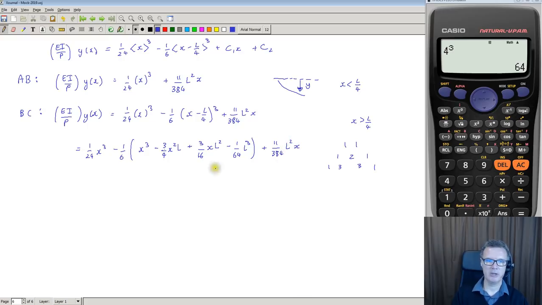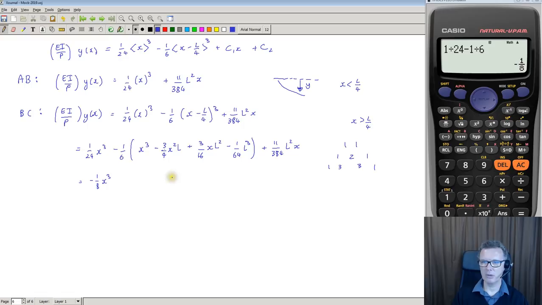So you want to bring your x to the power 3's together. So we've got 1 divided by 24 take away 1/6. So that becomes minus 1/8 x to the power 3.